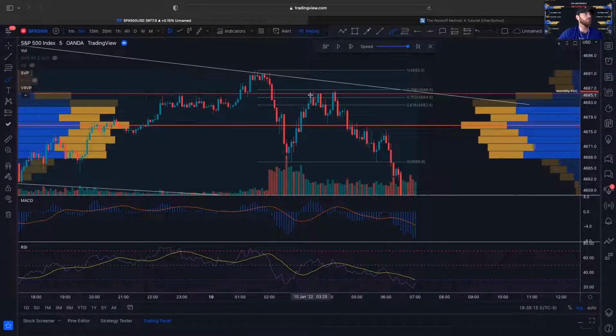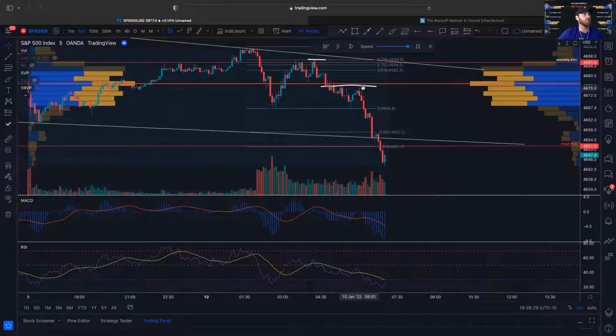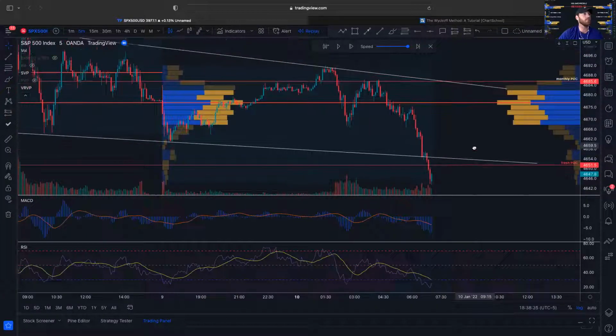There was no volume candles to really enter off of until this one. So entering here with a stop maybe above here would have worked out as well, targeting the fresh POC or the extensions. So that was a really good way to end it.